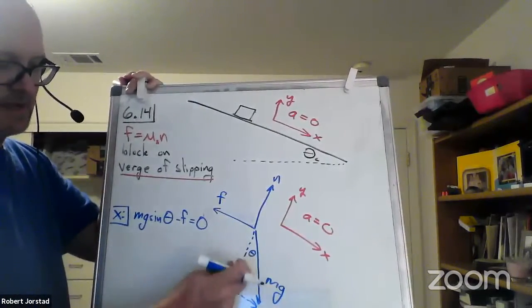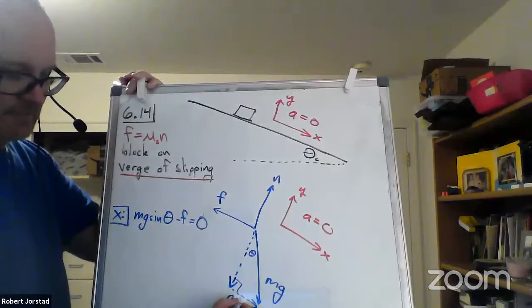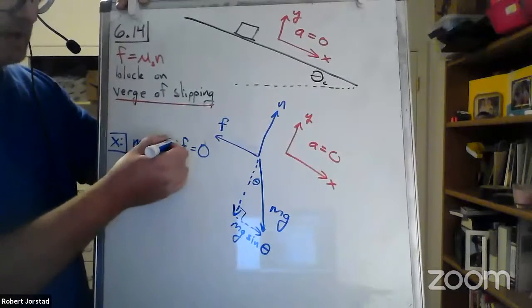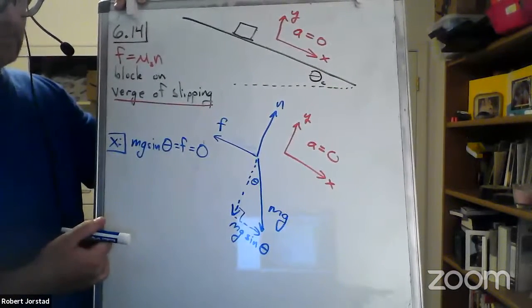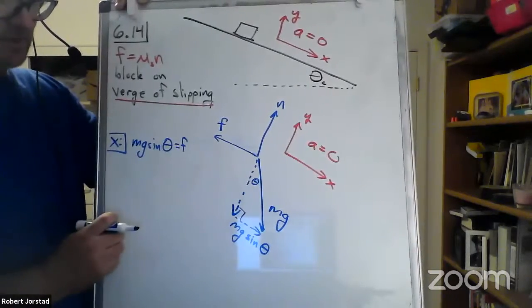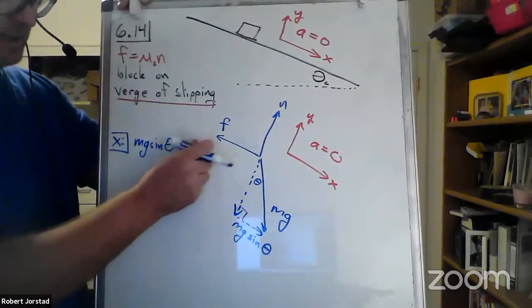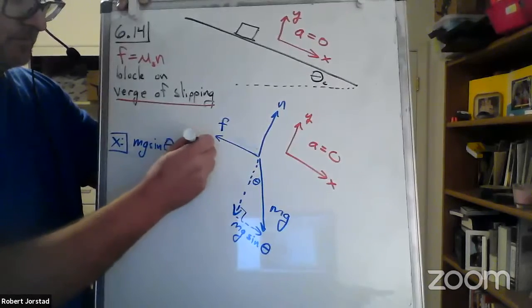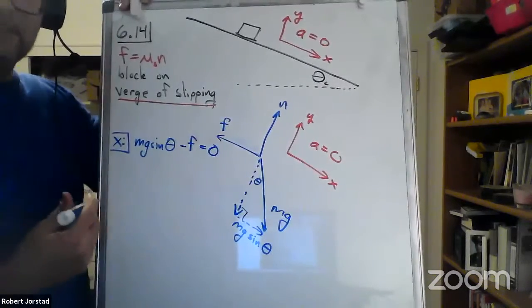Now remember, this is opposite. That's why this is mg sine. Would it be good practice to just write mg sine equals f? You could also do that as well. Esteban's saying, can't I just say that? You could switch it that, or you could say it like this. Either one is good.